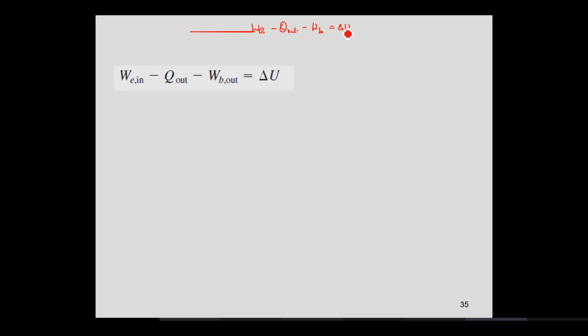So if you look at the equation, this is your equation for the specific system that has been defined in the statement. Now electrical work in you have calculated, Q out is known to you.